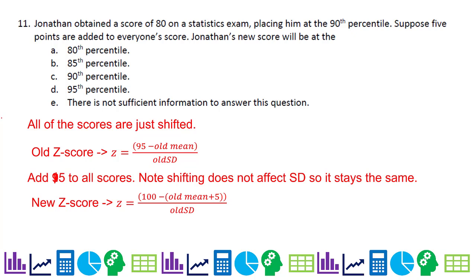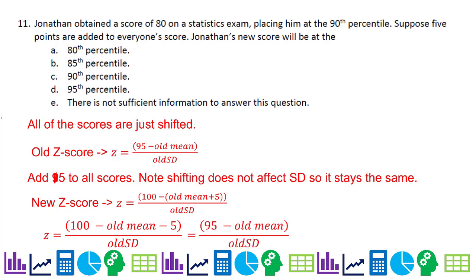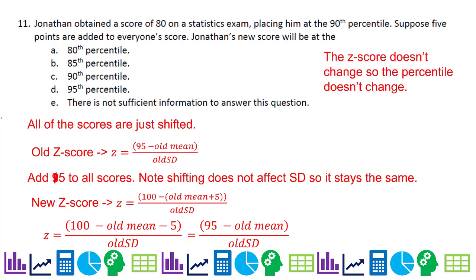Well, the new mean is also going to go up by 5, right? The standard deviation is not affected because we just shifted, so I can just keep the old standard deviation. So if I say it's 100 minus the old mean, and I distribute that minus, I have minus 5. And then 100 minus 5 is 95 minus the old mean, over the old SD. Guess what? The z-score didn't change. So the percentile does not change. He's still at the 90th percentile.